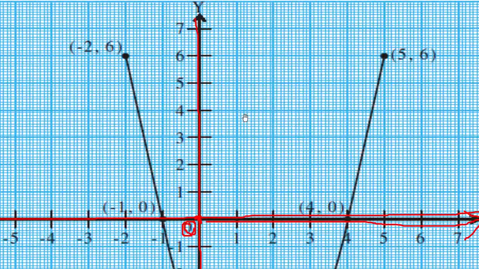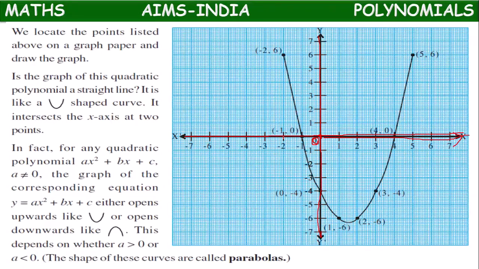Now you have to locate the points. -2 comma 6, x value -2, y value 6. So -2 comma 6, that is 1 point. -1 comma 0, it is on x-axis, second point. 1 comma -6, x value 1, y value -6, third point. 2 comma -6, fourth point, fifth point, sixth point, seventh point.